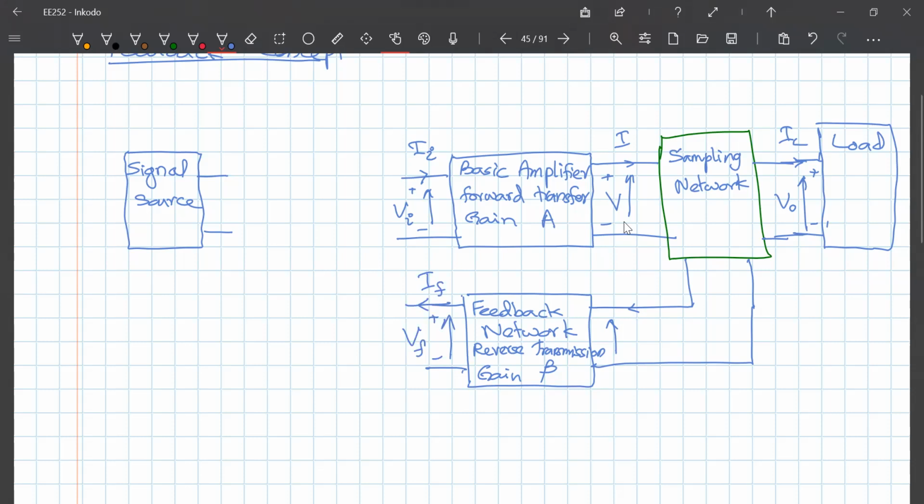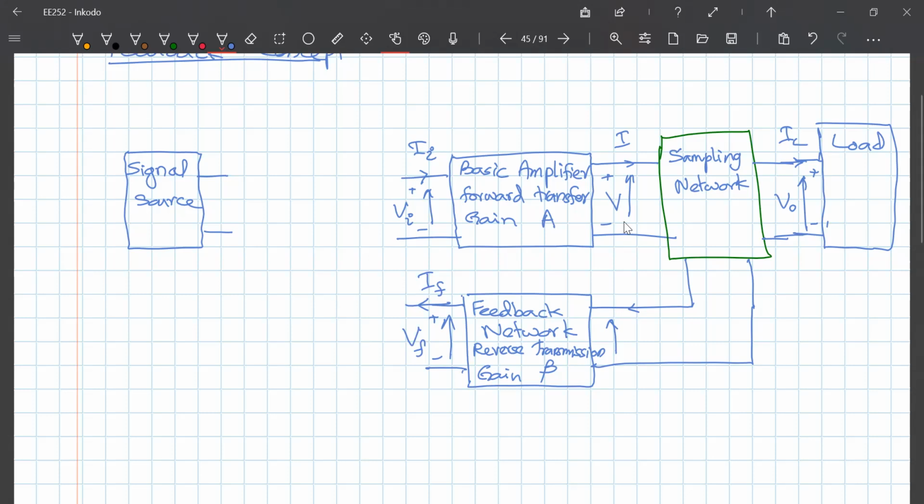So what we do is, if for example the output is a voltage, you feed the output voltage to this feedback network, and the output of this feedback network can be either a current or a voltage. Okay, so this feedback gain beta may be just a scalar.